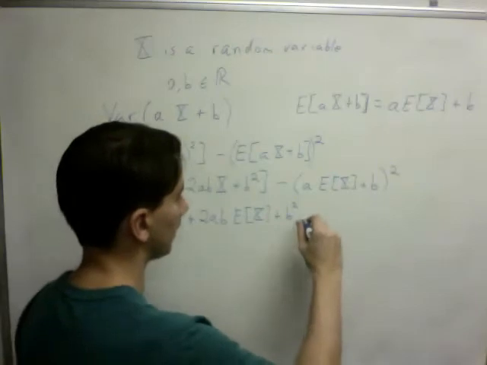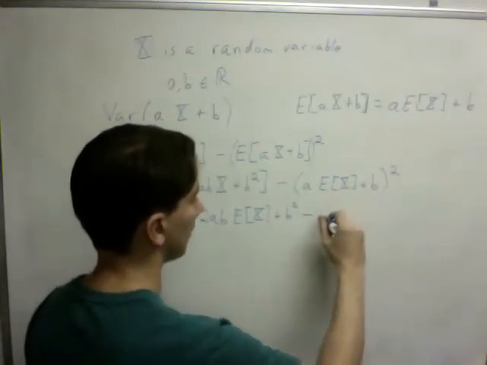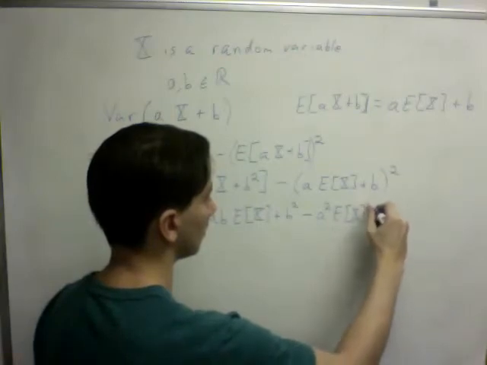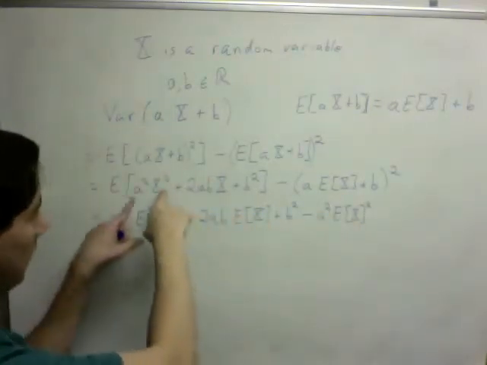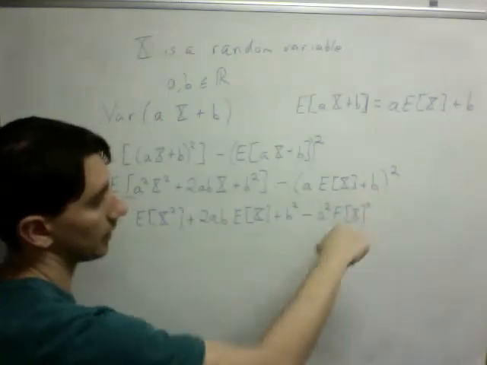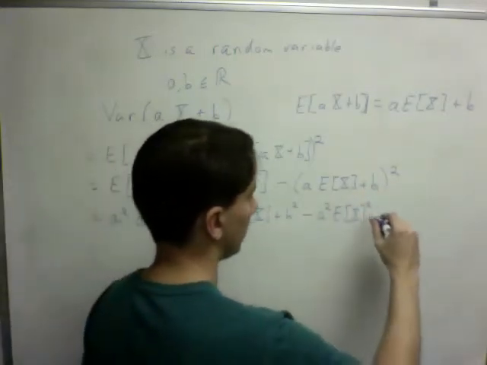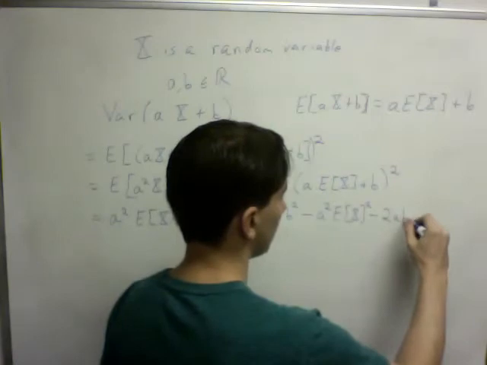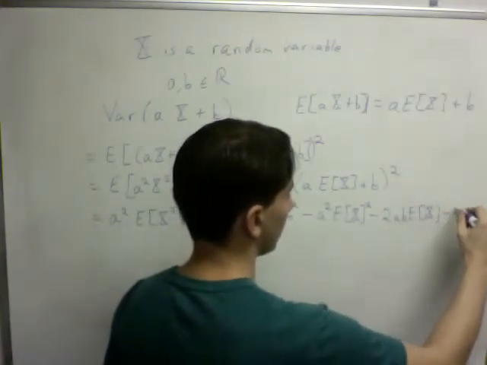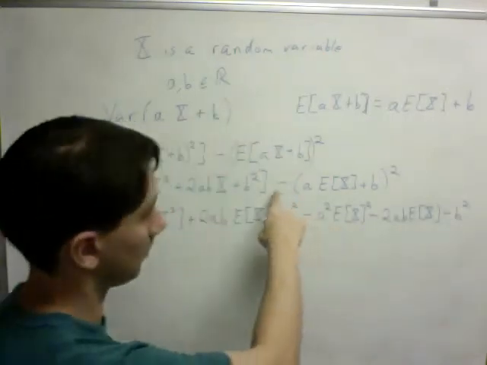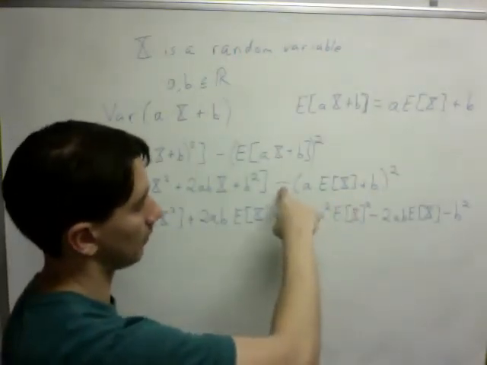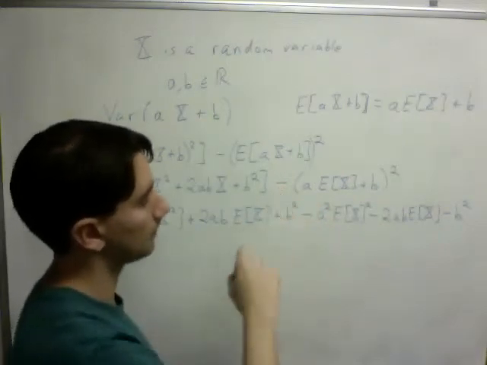And now we're going to have minus, and now let's square this out. So we'll have a squared E of X squared. So notice that when the square's on the inside, it has to stay on the inside. But when it's on the outside, it has to stay on the outside. And so then we have minus 2ab E of X, and then we'll have minus b squared. And so I'm distributing this minus through. So I FOILed this thing, but everything's got a minus in front of it because of this minus out here in the front.